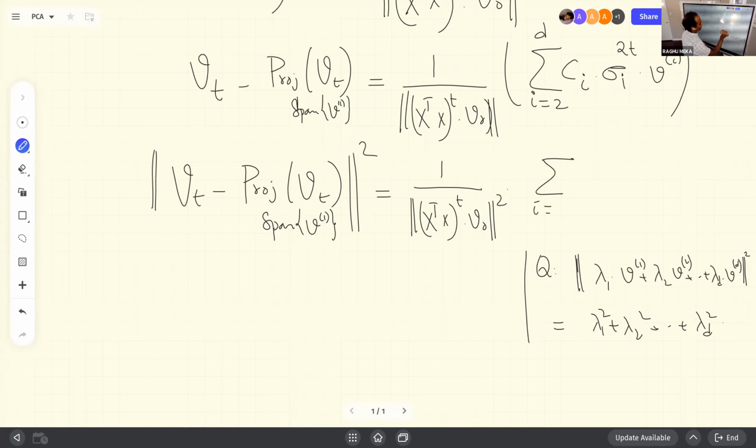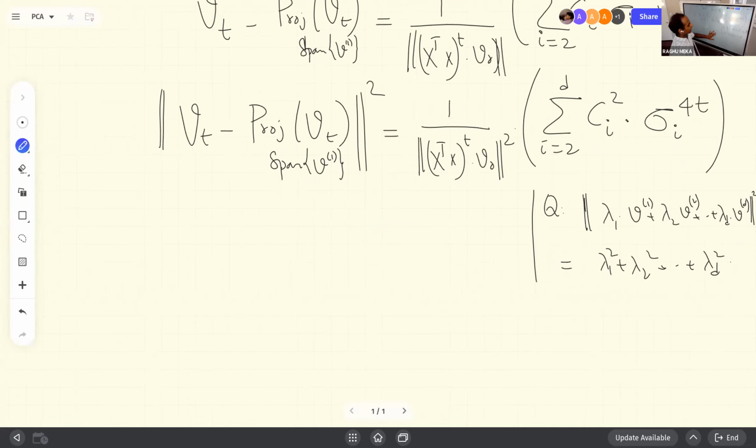the summation i equals 2 to d of c_i squared times sigma_i to the 4t. Okay? Alright.